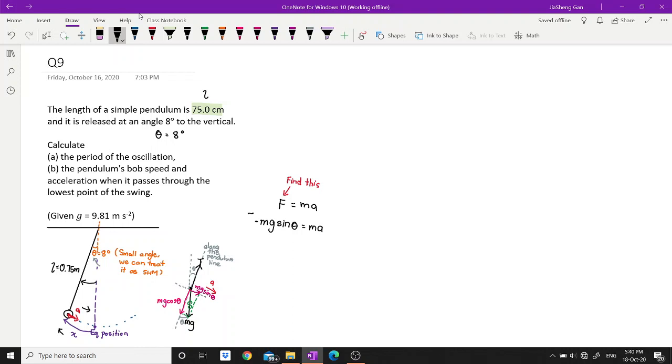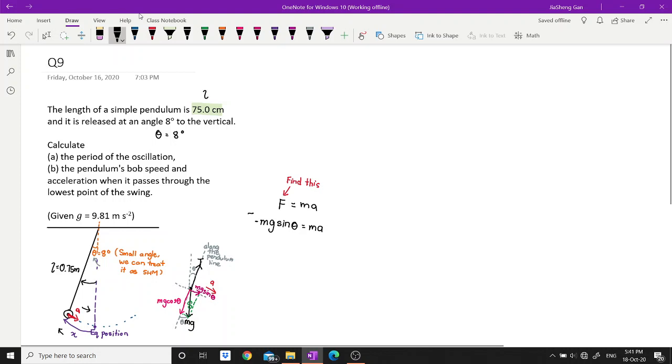So it's negative mg sine theta actually. The acceleration and the theta are in opposite direction. That's why you have a negative sign, just like your F equals negative kx. Your restoring force and your displacement are in opposite direction. So this is the equation we have now: negative mg sine theta equals ma.